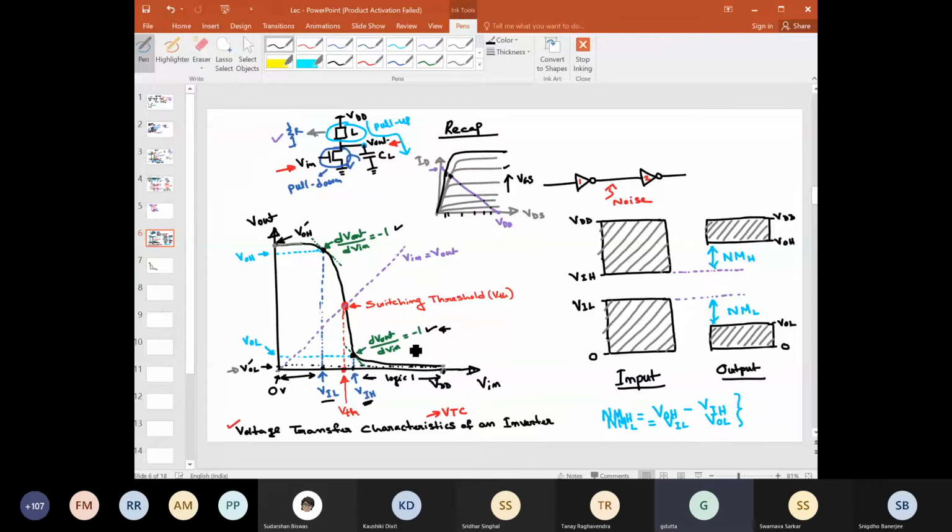So these 2 points, I think it's clear to you, input voltage VIL and VIH. Again, you can see there is a good amount of range. From 0 to VIL, any voltage between this will give you output as 1, and any voltage from VIH to VDD will give you output 0, right?